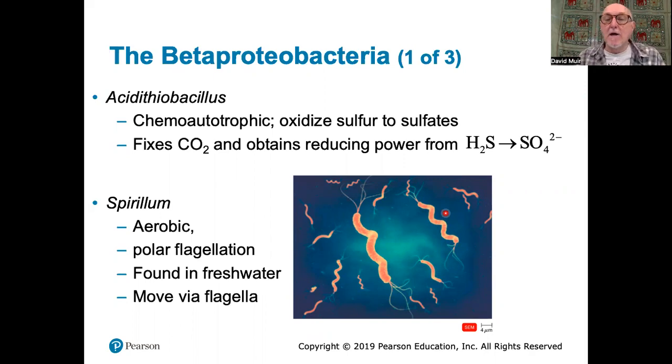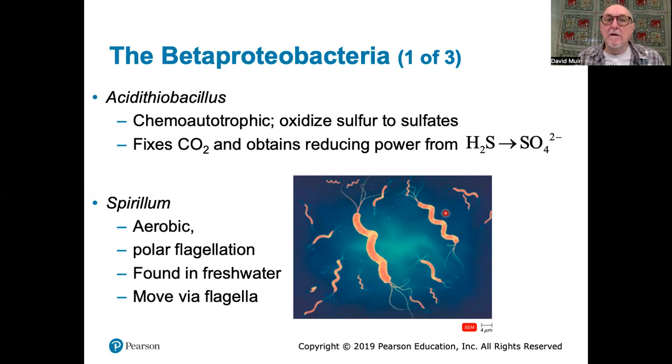This is Acidothiobacillus, also known as Thiobacillus. I'm mentioning this because I'm hoping next week to be able to discuss global biogeochemical cycling of elements, and this is one type which is extremely important to discuss.